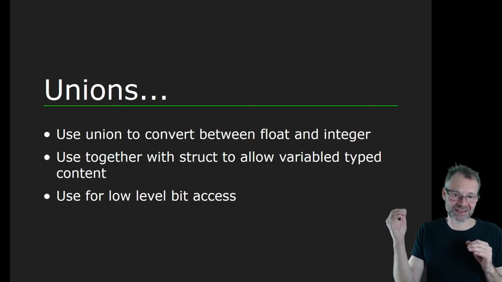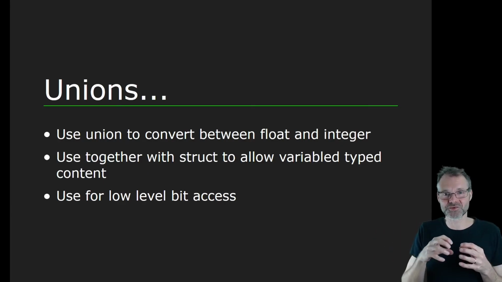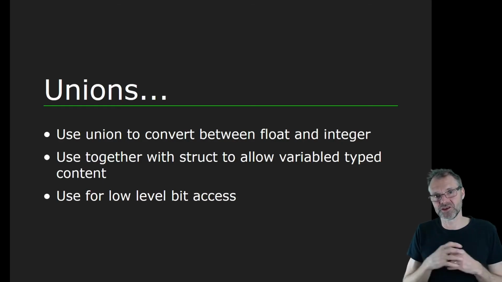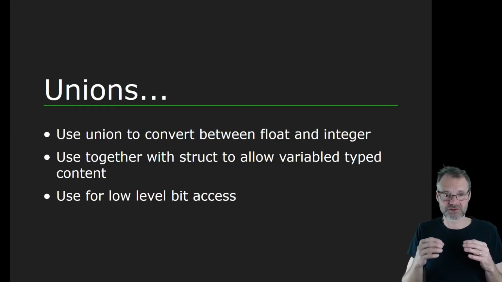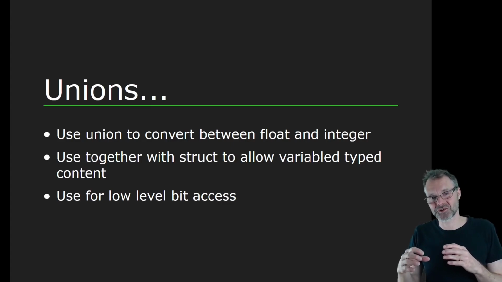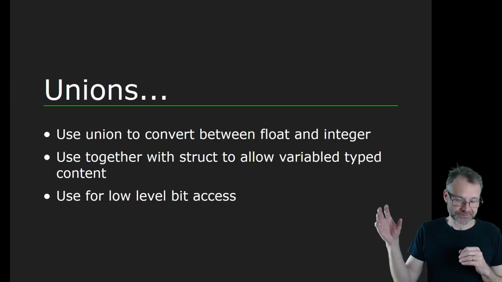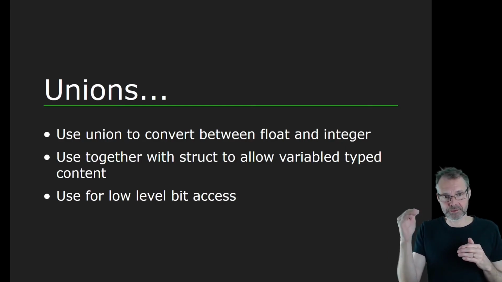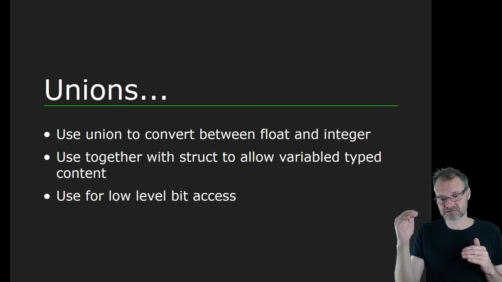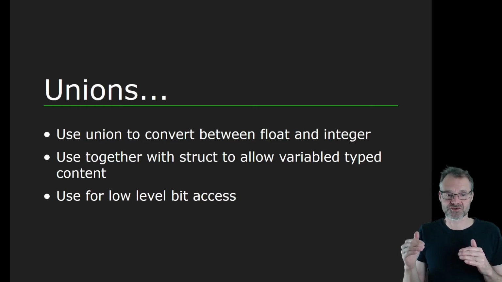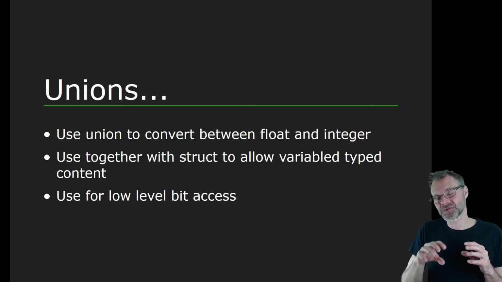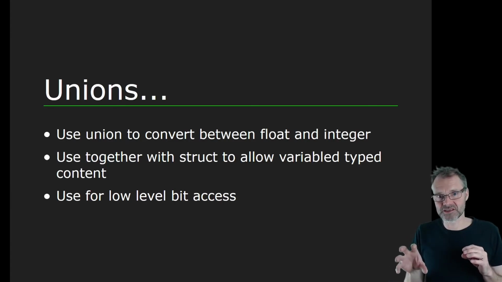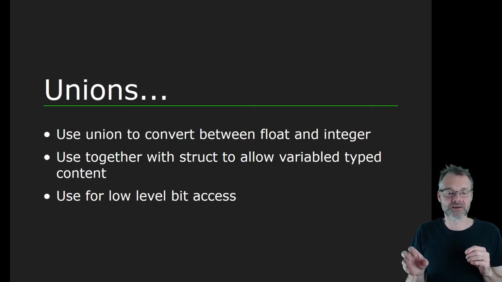When we do this, we use a struct together with a union to keep track of what is the current value in the union. We can use it for low-level bit access, so we can use it together with bytes in the union, and we can add a struct. We're not going to see how it's done, but these are examples of efficient low-level usage where unions can come into play.